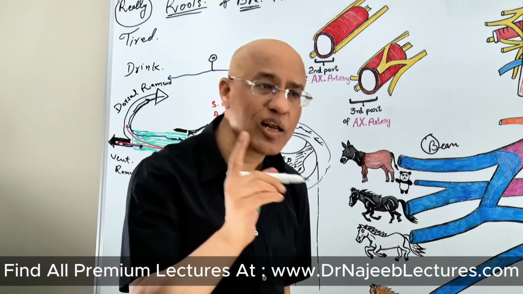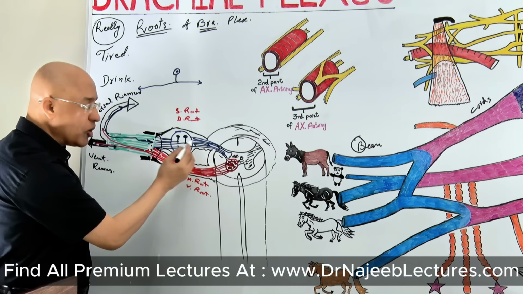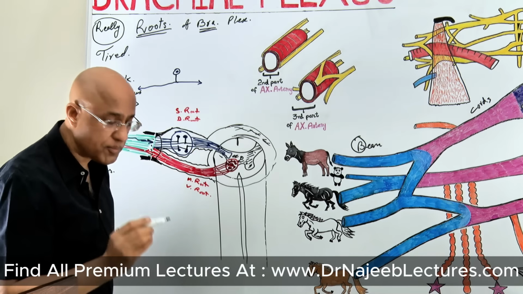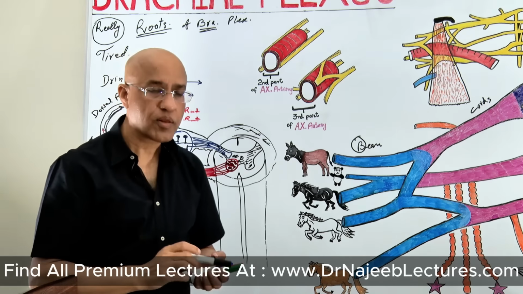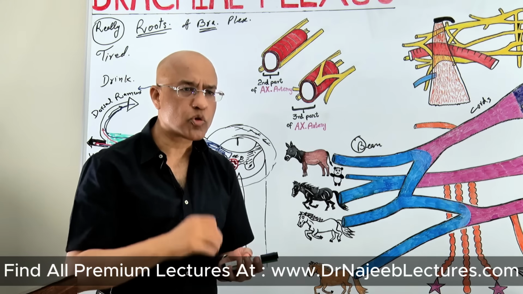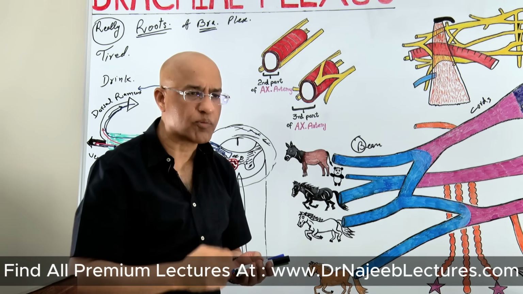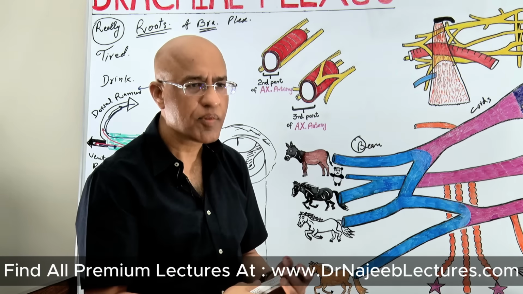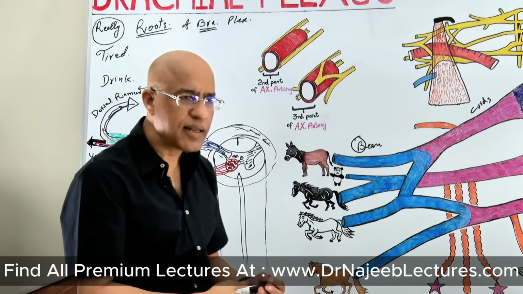What does it mean? It means that if someone has meningitis or some central nervous system disease, that can extend to the ventral root and dorsal root. If you have some pathology which is exclusively involving the central nervous system, then this can also involve the anterior root and posterior root.